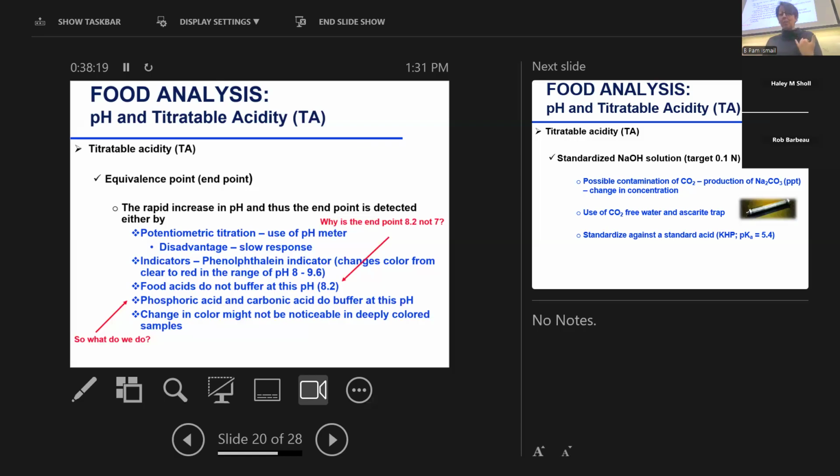It might not be the end point because of the buffering capacity. So instead of overshooting your titration, you use a pH meter and stop the titration when you get to 8.2. Also use the pH meter when you're titrating beverages like tomato juice, which is really deep in color. You're not going to see that change in color, so we use a pH meter.